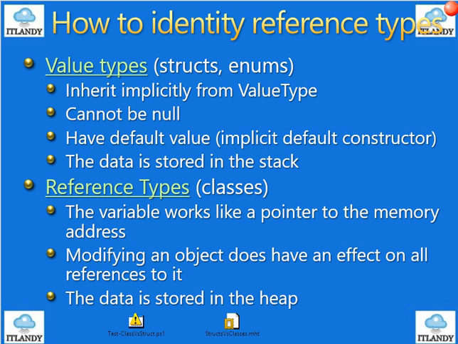These are the value types. What about the reference type? They are classes. Look at the difference between value and reference. The variable works like a pointer to the memory address. Modifying an object has an effect on all references to it. The data is stored in a heap.